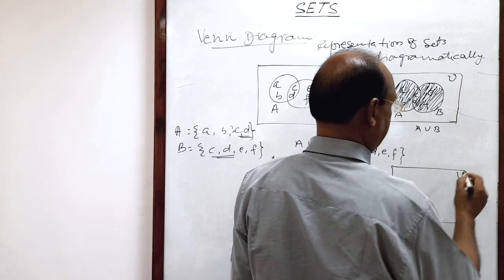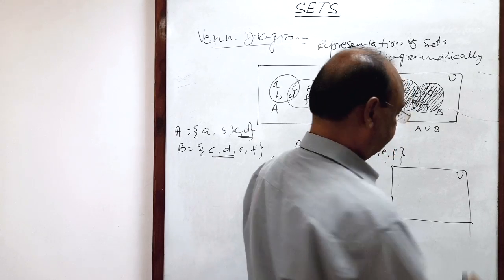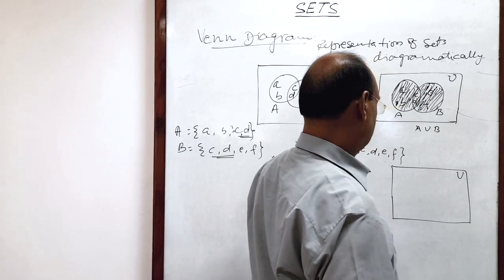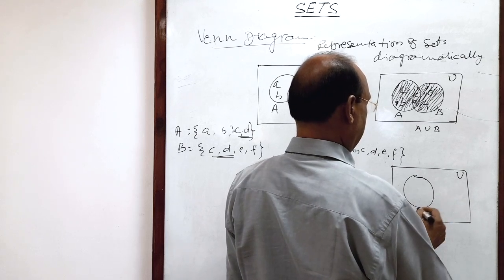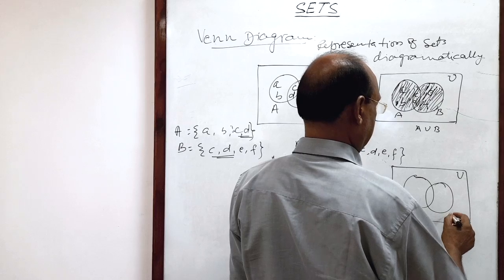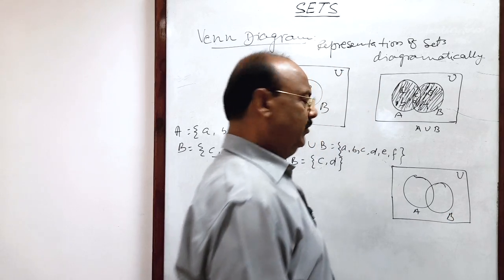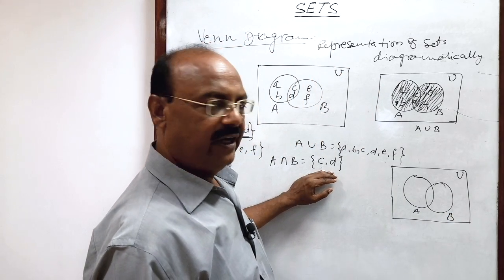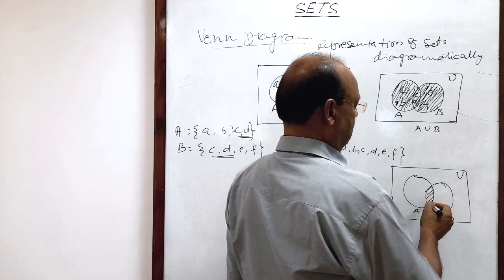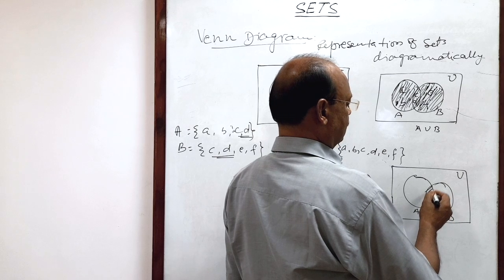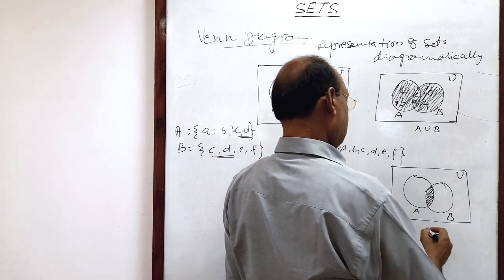This is the universal set. This is set A and this is set B. If you don't write the common elements, even then we can shade the common area, and this shaded area is showing which operation of these two sets?